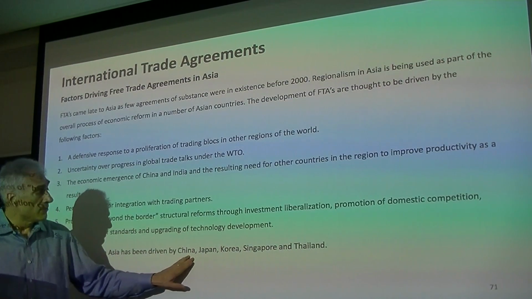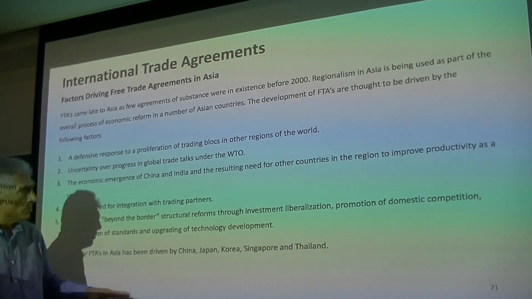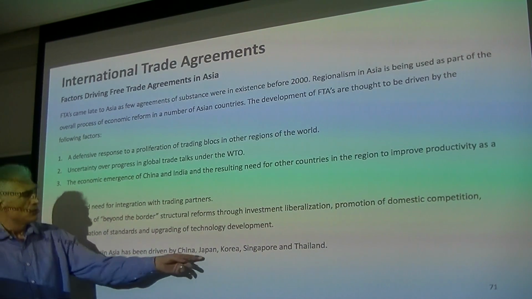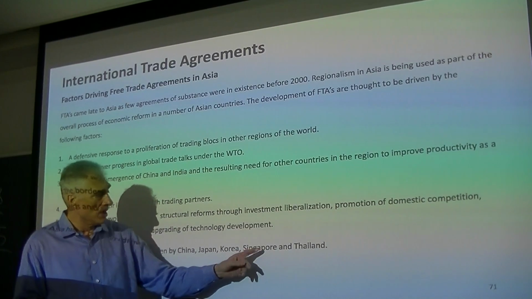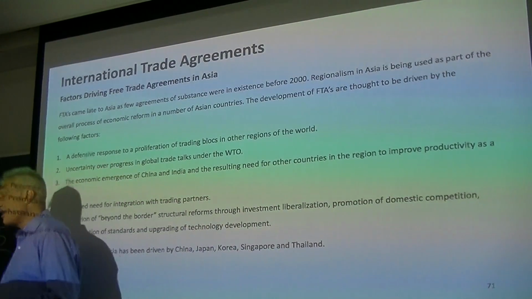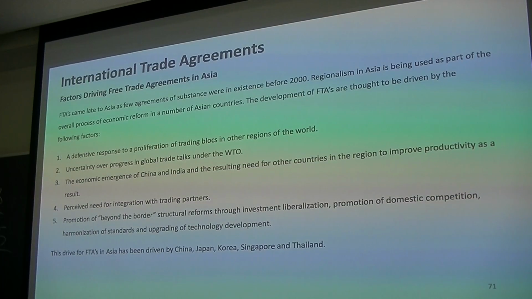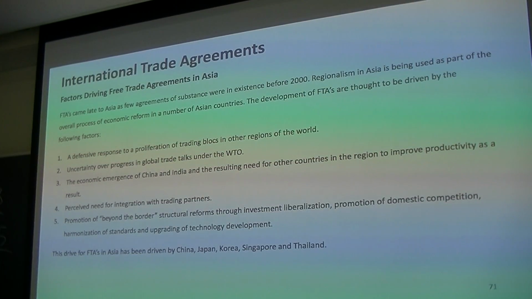The most important countries driving this are China, Japan, South Korea, Singapore, and Thailand. Thailand has emerged as a significant country as well, but of course there are other countries in the region.